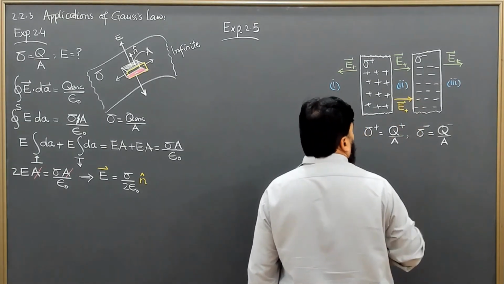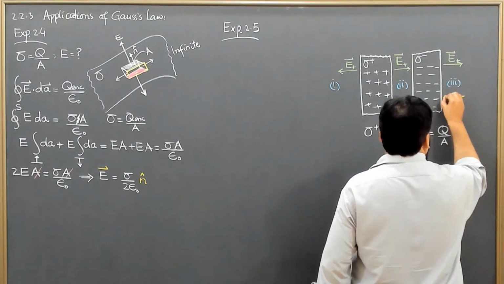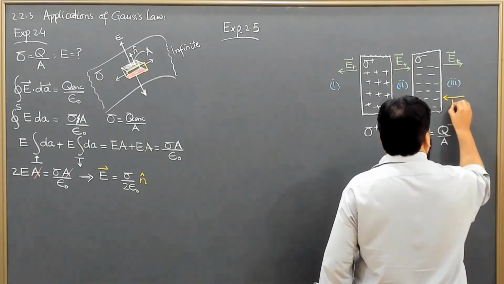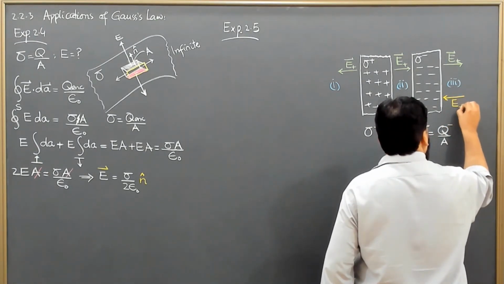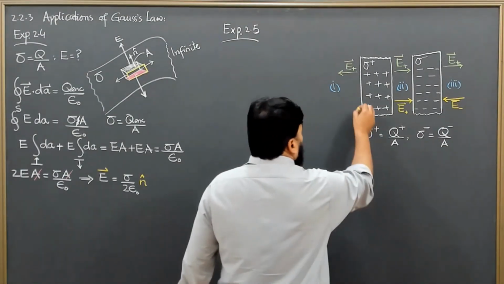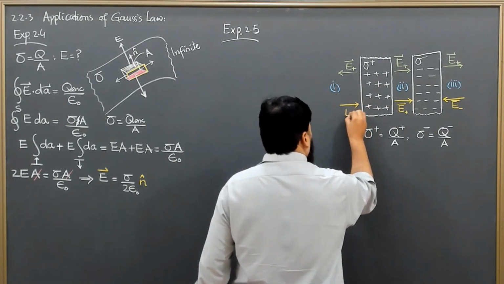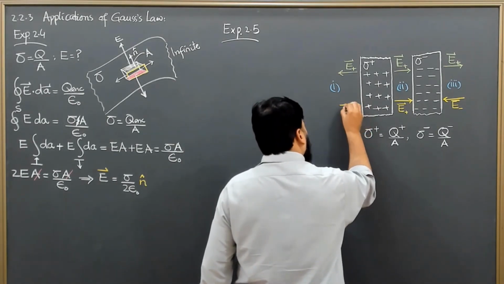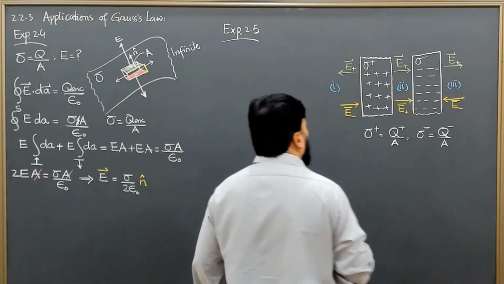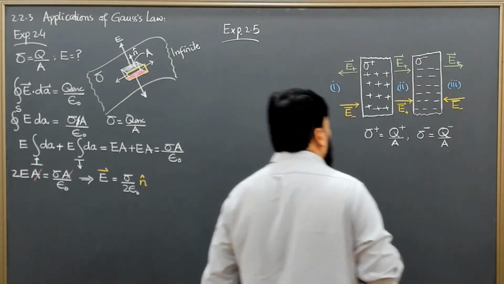And at this point, it will be again converging here, and this is E minus. Similarly, the field here at this point for that sheet is also in this converging direction, and it is the electric field here.